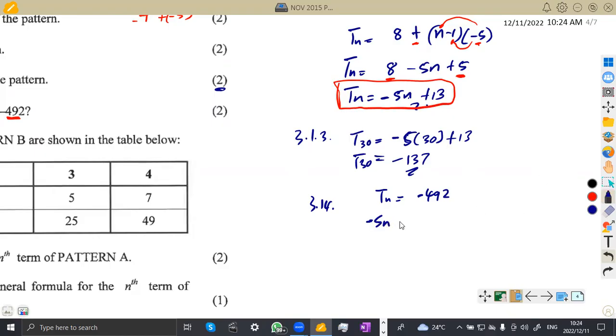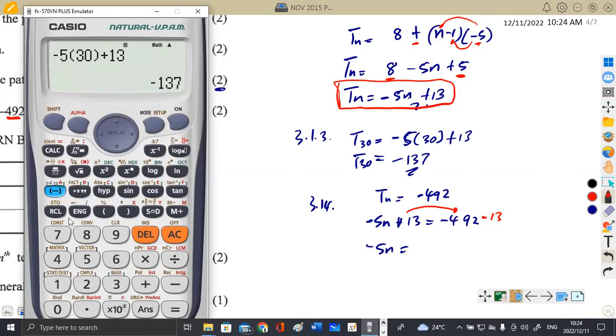So negative 5n plus 13 is equal to negative 492. So negative 5n is equal to, if we transpose 13 to this side, it's going to be minus 13. So we are going to have minus 492 minus 13, which is negative 505.